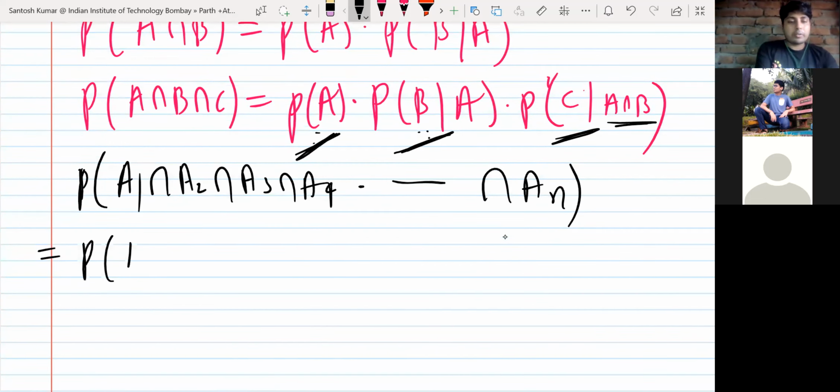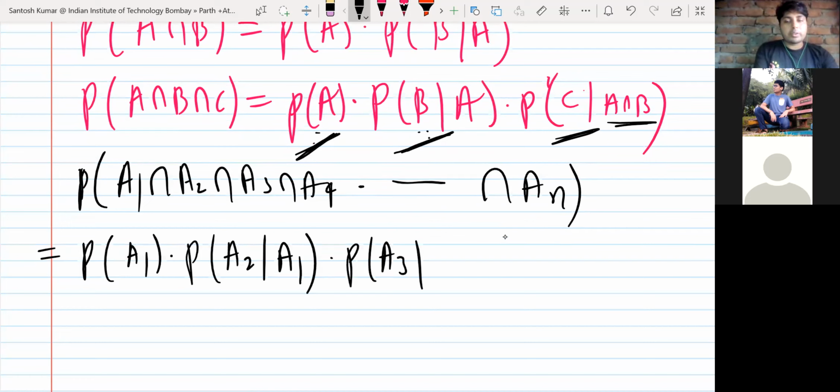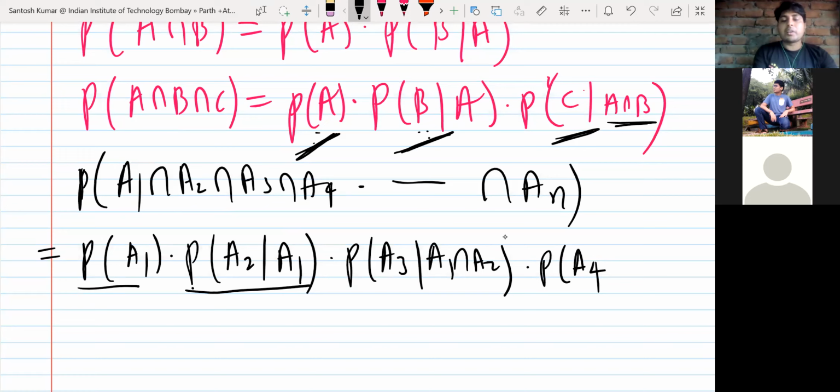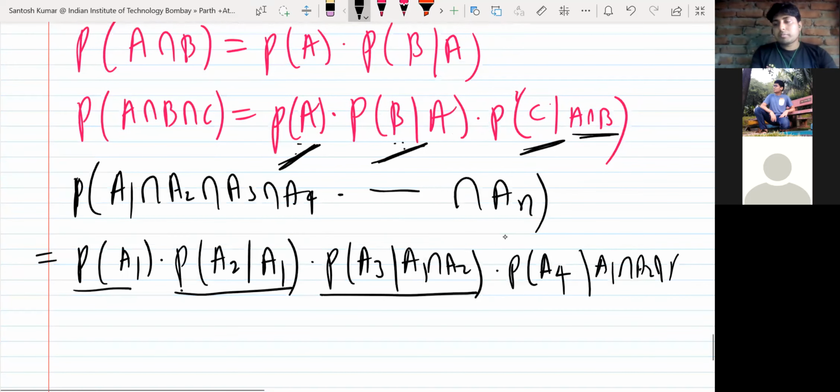You write first probability of A1 into probability of A2 given A1, then probability of A3 given A1 intersection A2, and then into probability of A4 given A1, A2 and A3 all occurred.